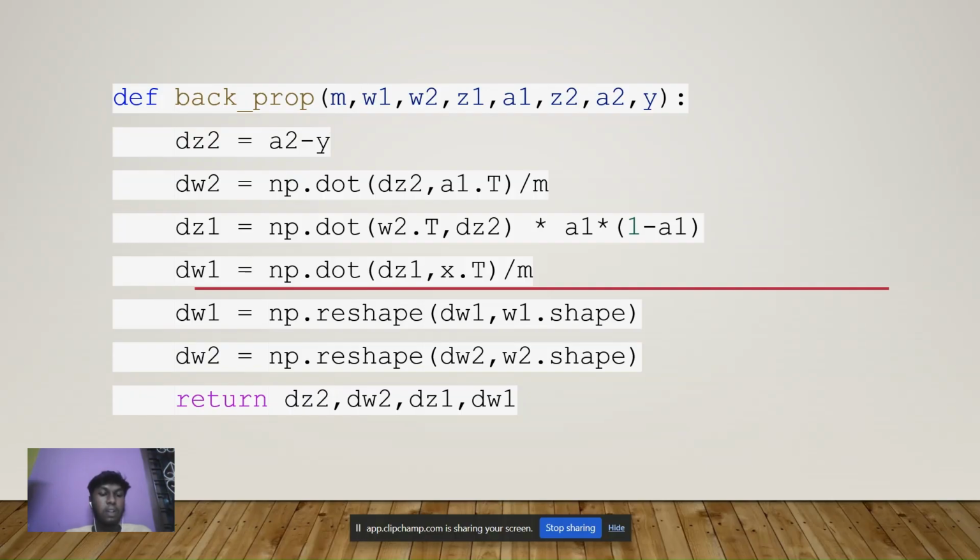Then dw1 is computed as the dot product of dz1 and the transpose of the input x, divided by m. The shapes of dw1 and dw2 are reshaped to match the shapes of w1 and w2 respectively. The function returns dw1, dw2, dz1 and dz2, which are gradients used to update the weights during the optimization process.